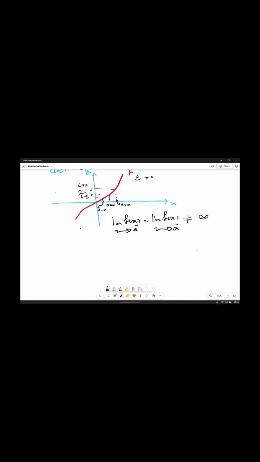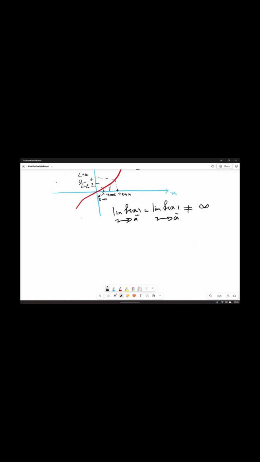If they are infinity, we say we don't have the limit, because infinity is not a number, it's a sign of something so huge. Don't forget this. Okay, I think the best way to understand it better is to give an example. Therefore, I must give an example so you understand it better.